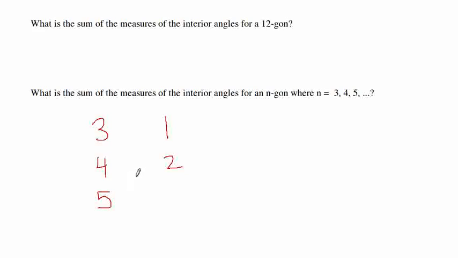The pentagon, a five-sided polygon, was composed of three triangles. So convince yourself that an n-sided polygon, an n-gon, can be divided into n minus 2 triangles. Therefore, the formula for the second question is 180 degrees times n minus 2.